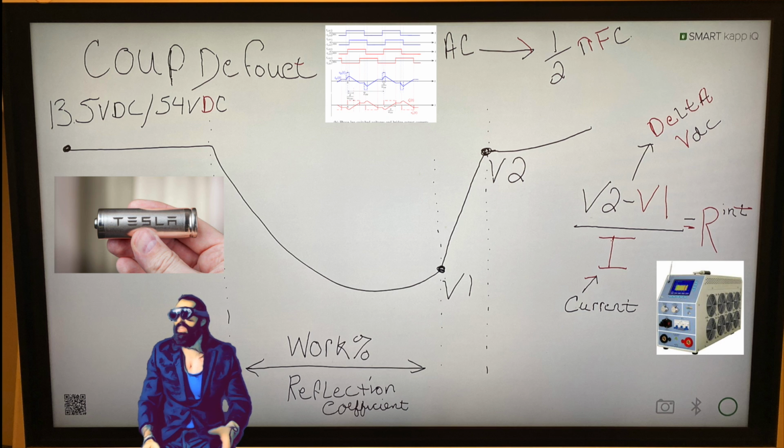It's the same kind of thing if you're testing cables, intercells: you're inducing a voltage reflection, and then you're measuring that and putting that over the induced current. This is the only way to effectively measure and establish a baseline for DC batteries.